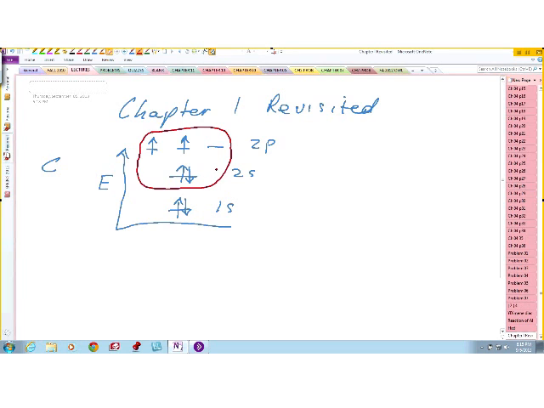That means that carbon wants to form 4 covalent bonds. So therefore, we say carbon has a valence of 4. In other words, carbon wants to form 4 bonds in order to share 4 electrons that will give it an octet of electrons in its outermost shell, which is the valence shell.